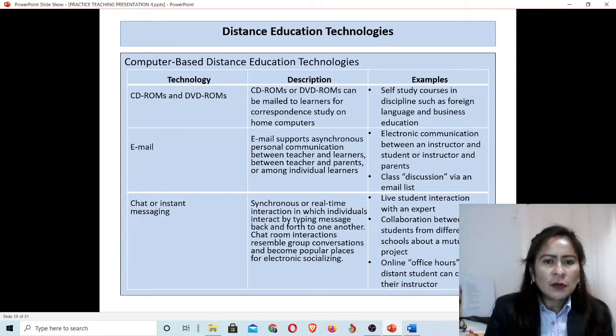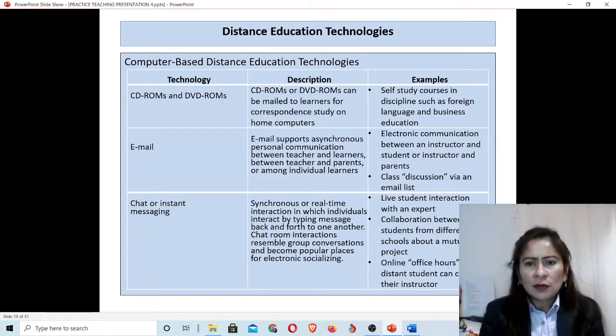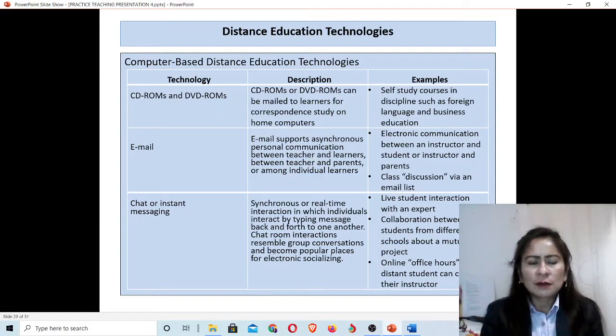CD-ROMs and DVD-ROMs can be mailed to learners for correspondence study on home computers, for example self-study courses in disciplines such as foreign language and business education.